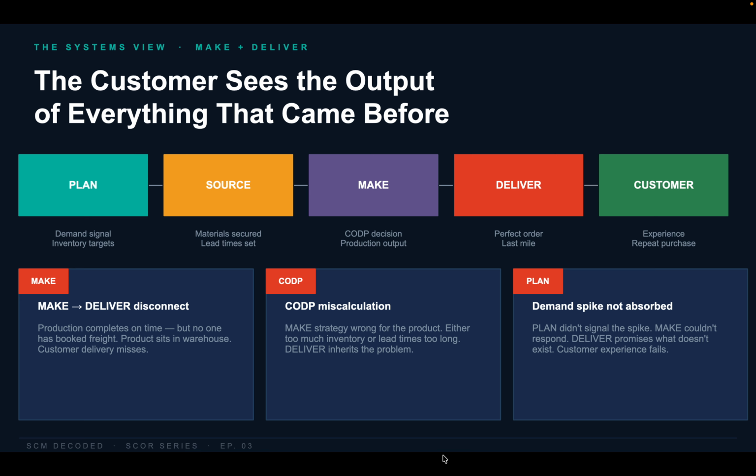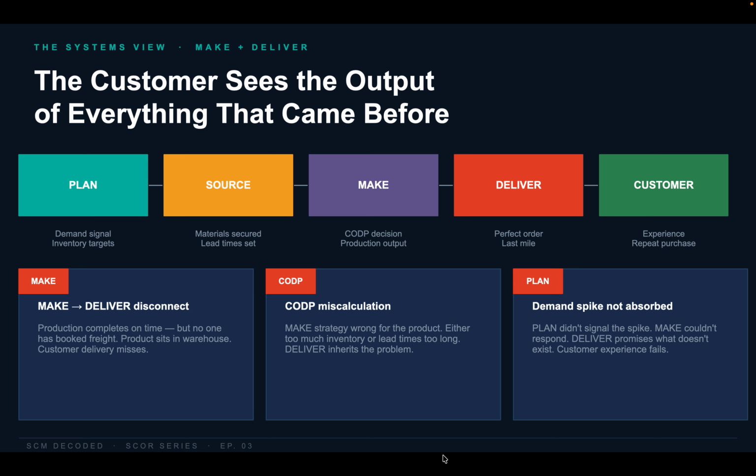Product is sitting in the warehouse. Customer delivery is missed. Deliver gets blamed for a coordination failure. So the pain is with the production, the source, the make, the deliver, which goes to the customer.